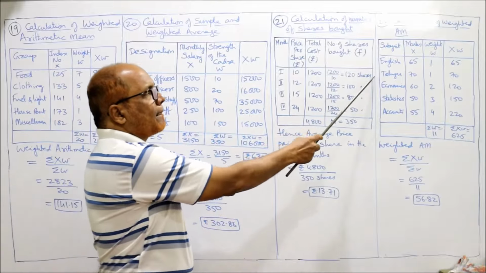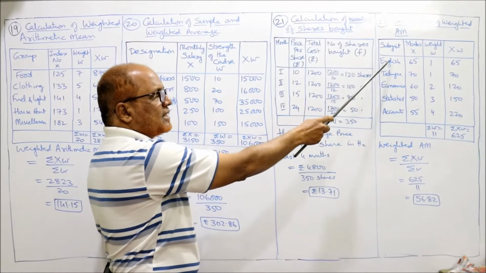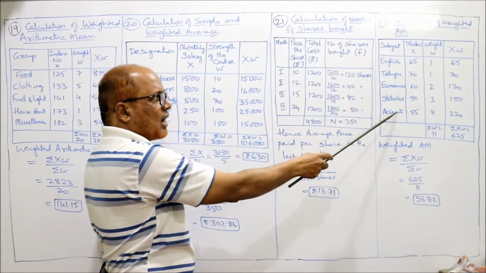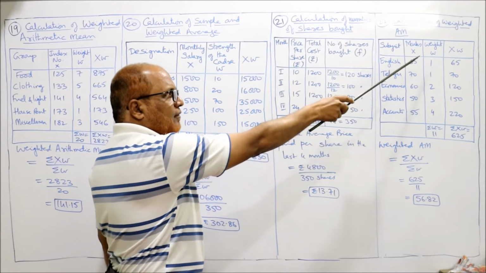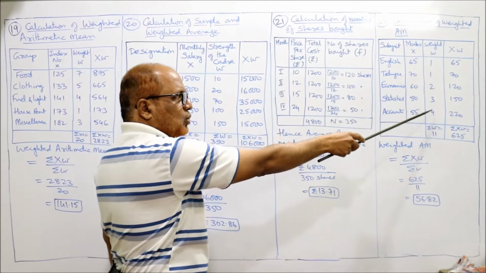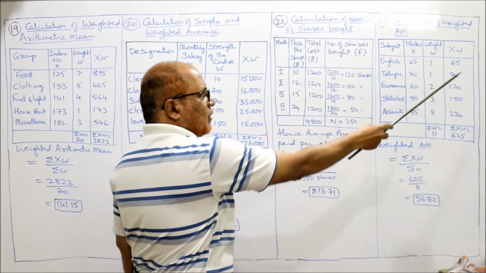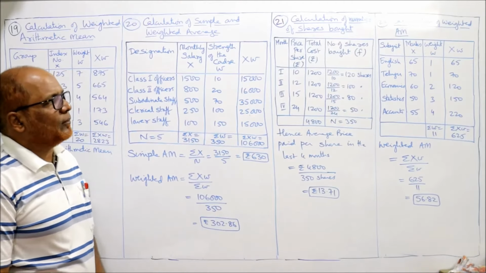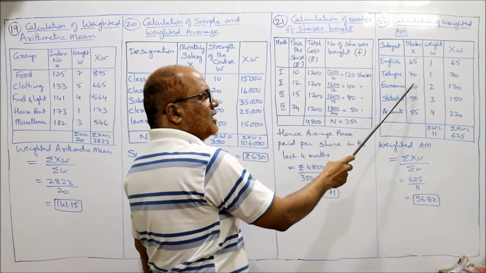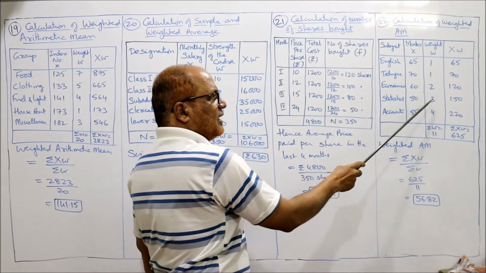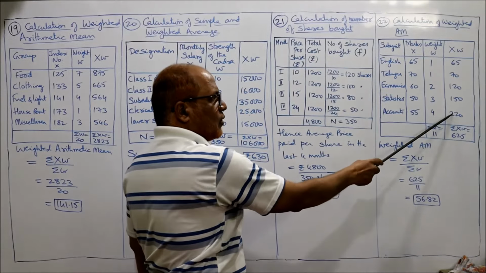See here. Calculation of weighted arithmetic mean. Subjects: English, Telugu, economics, statistics, accounts. Marks are given: 65, 70, 60, 50, 55. Weights given in the problem: 1, 1, 2, 3, 4. Now XW, multiply X with W. 65 into 1, 65; 70 into 1, 70; 60 into 2, 120; 50 into 3, 150; 55 into 4, 220.